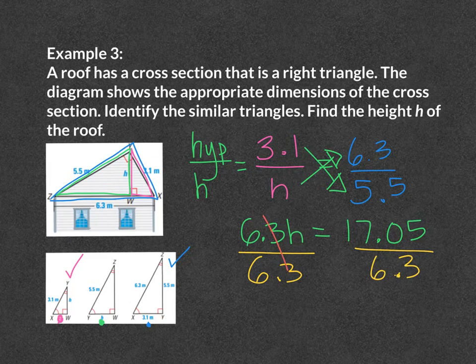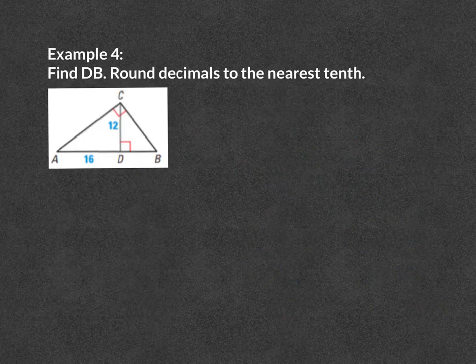This side will cancel out. I'm going to bring down h. 17.05 divided by 6.3 gives me approximately 2.7 meters. So that means the height of the roof is 2.7 meters.